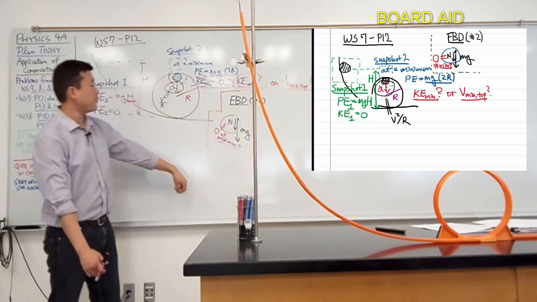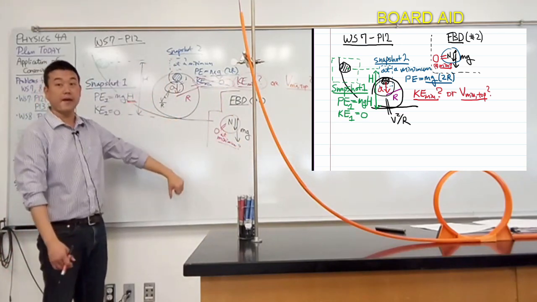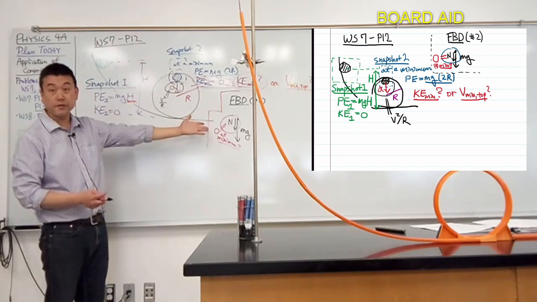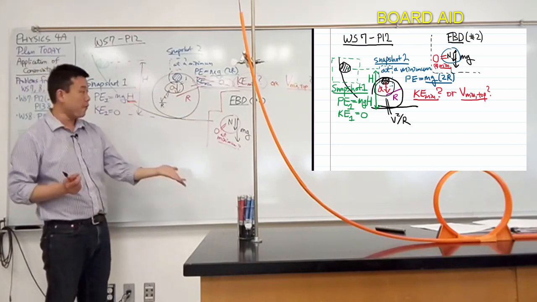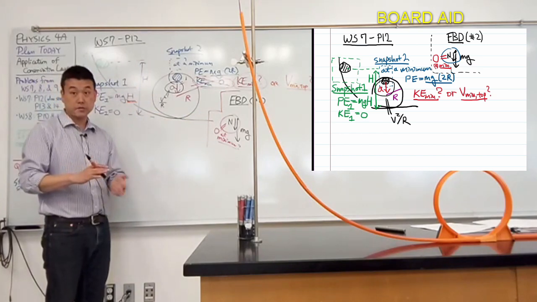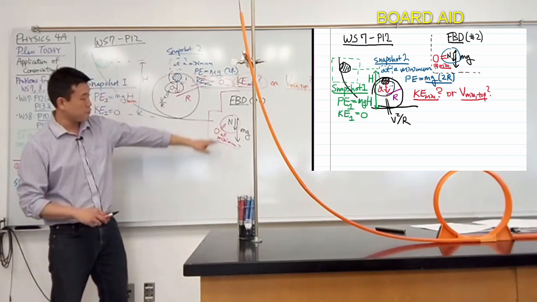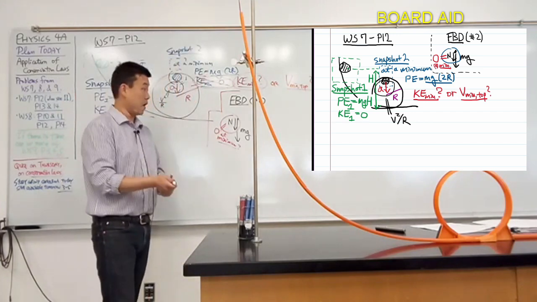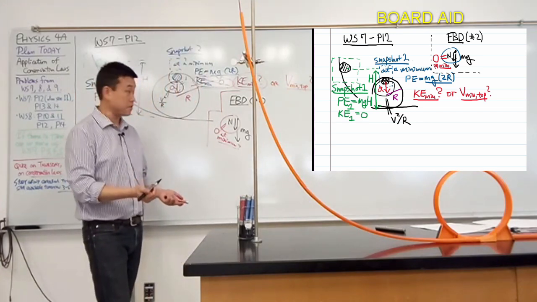Step number 2, define coordinate axis downward, and I guess no components to break it down into. And then step number 4, write down Newton's second law equations. This is a pretty simple situation once the normal force goes to 0. So let me skip to step number 4, writing down Newton's second law equations.